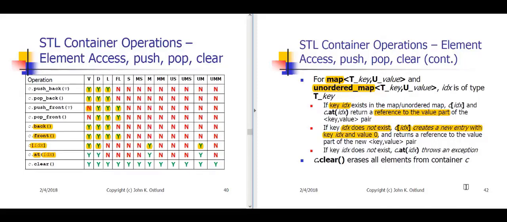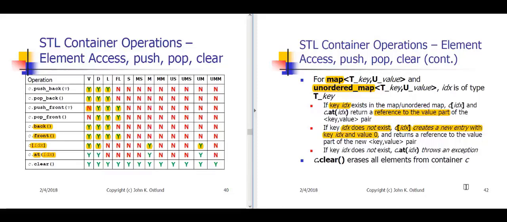Now that default value will be 0 for any of the built-in types, char, int, unsigned, long, double, and so forth. Or it will be whatever you get from the default constructor if the value is some kind of class type. For example, if the value is a string class object, then you will get an empty string as opposed to a string containing a 0 or something like that.